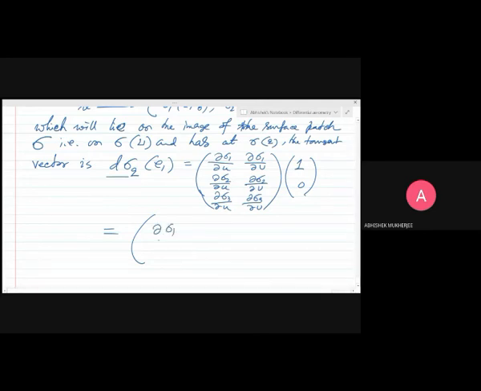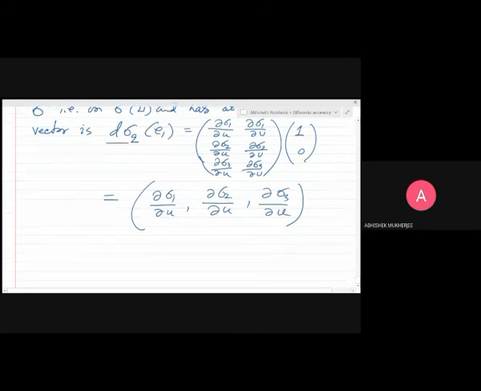Del sigma 1 del u, del sigma 2 del u, del sigma 3 del u, right? This is at q, that is (u naught, v naught).